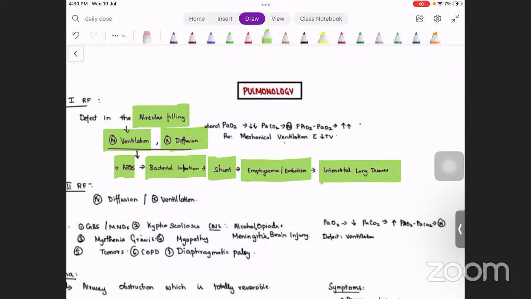PaO2 will decrease, PaCO2 will be normal, the alveolar-arterial gradient will increase, and treatment is mechanical ventilation with decreased tidal volume.